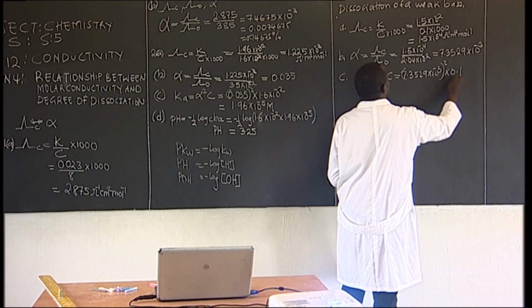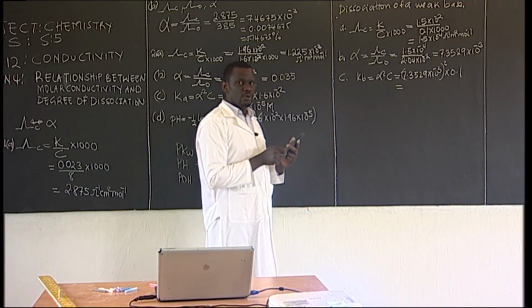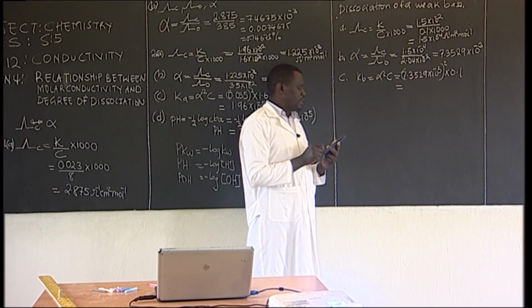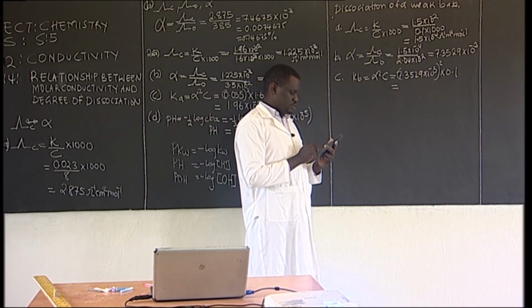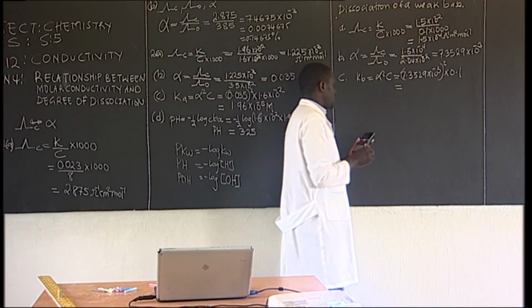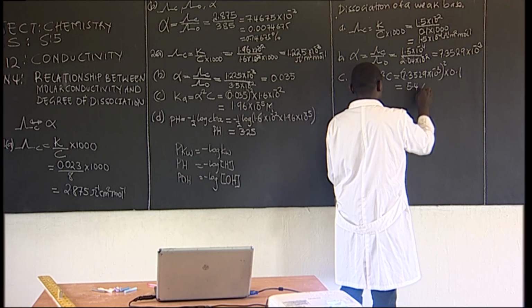I like 0.1 because it is easier to use. So we square, then times 0.1, and we shall have our Kb, the base dissociation constant.